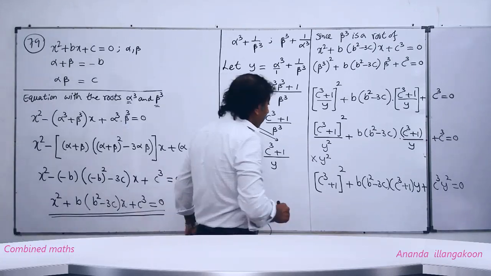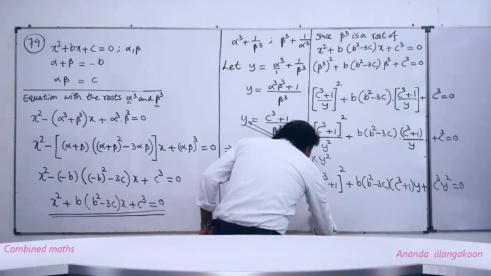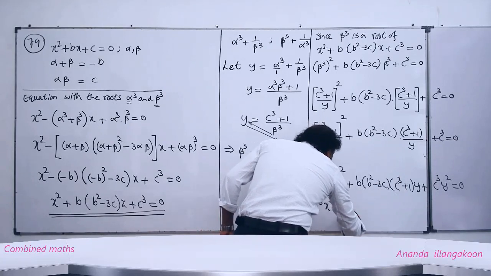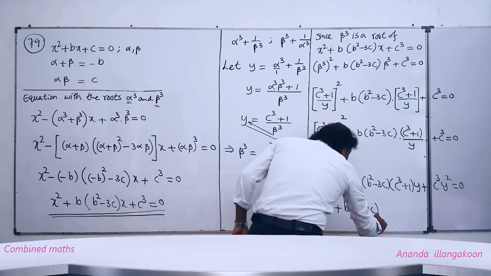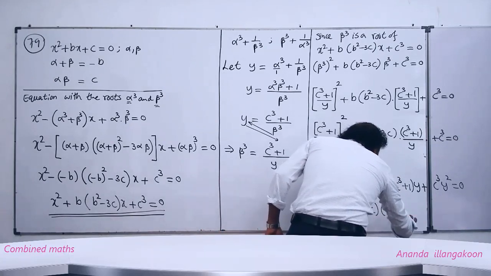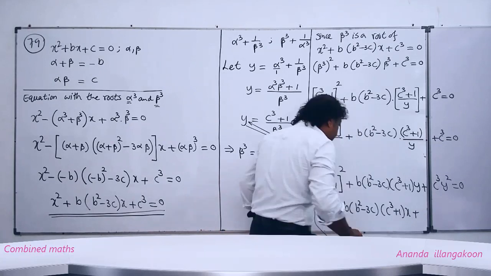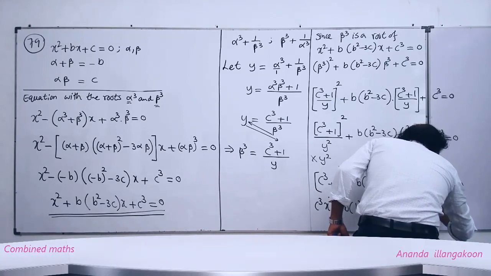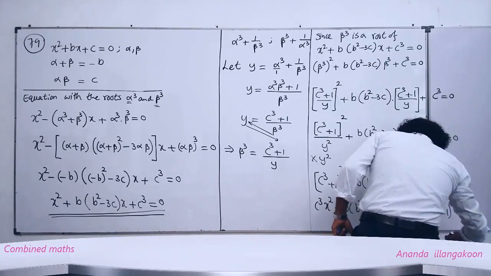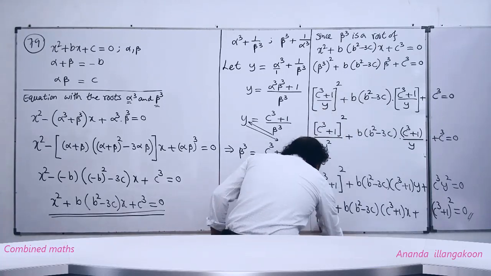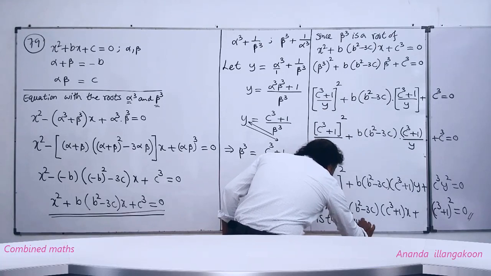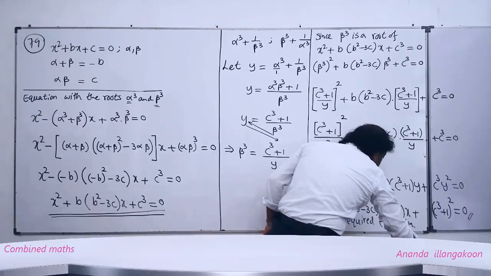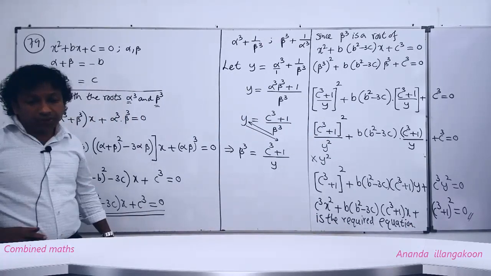So the required equation is c cube x squared plus b times b squared minus 3c times c cube plus 1 times x plus c cube plus 1 all squared equals 0. This is how we get that answer.